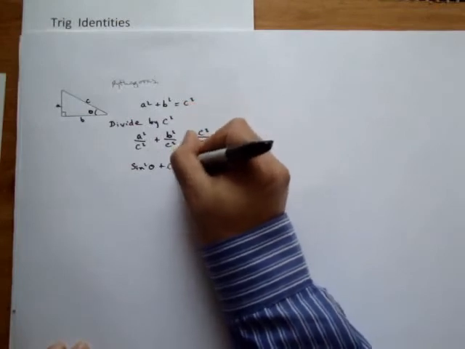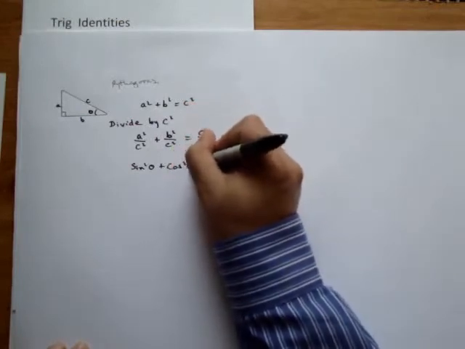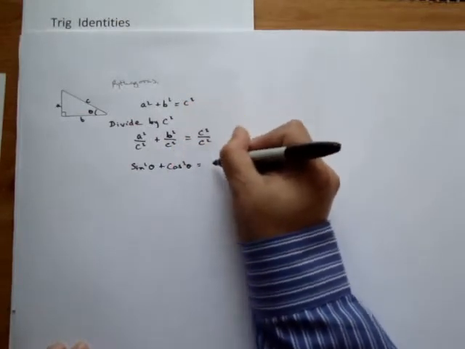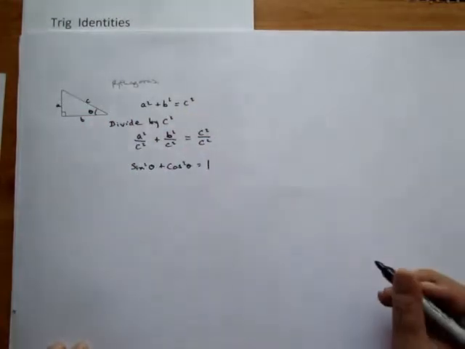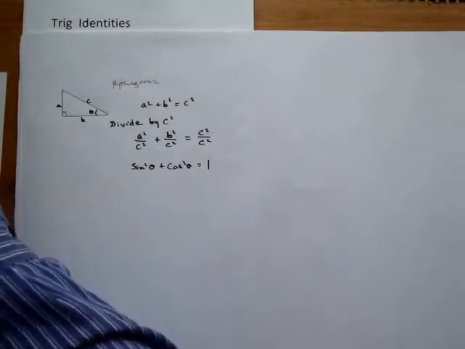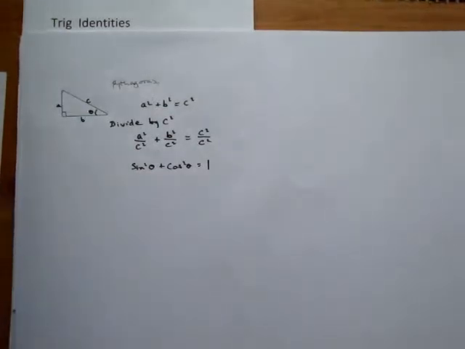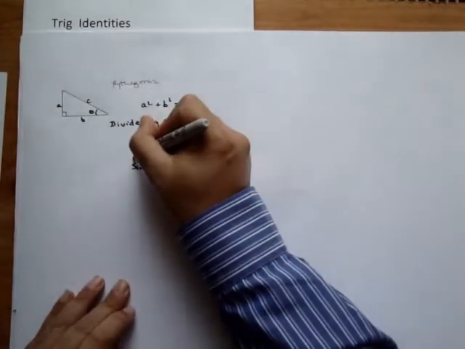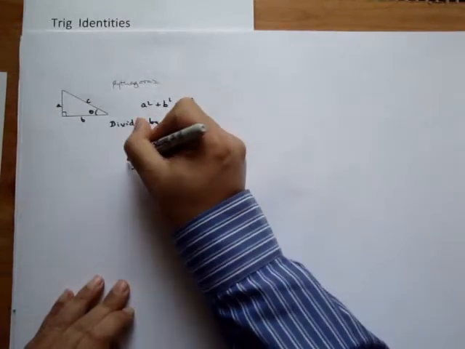This is cos squared theta, and C squared over C squared becomes 1. So this is a very important identity that we need to learn.